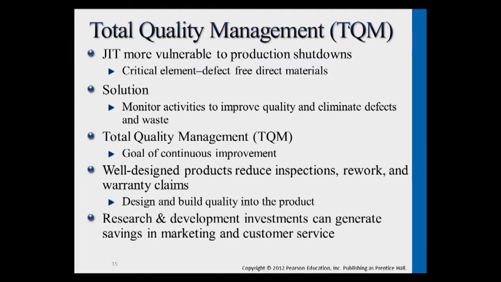It's such an important part of JIT because you have a very limited inventory. You have to have total quality management in place. If the company has JIT in place, the company is very vulnerable to this limited stock of vital items.